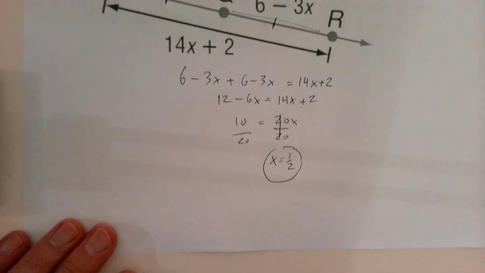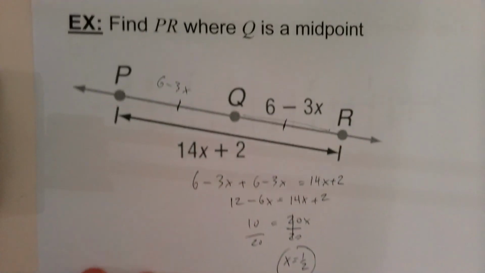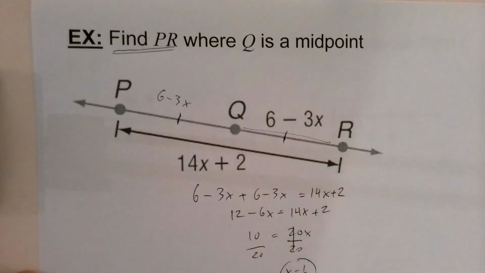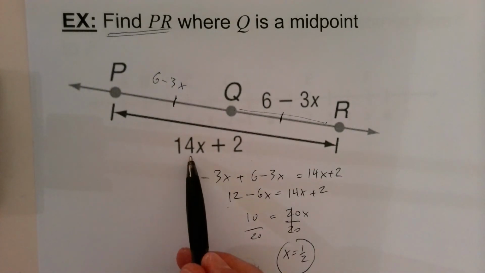So we're going to be very tempted to just circle our answer and move on, because I solved the equation, I did the math problem. Oh, there's a problem. I did not answer the question they asked me. They didn't tell me to solve for x. They told me to find PR. Now I had to find what the value of x is in order to get PR, but I can't just stop at 1/2 equals x. What I've got to do is plug that in here.